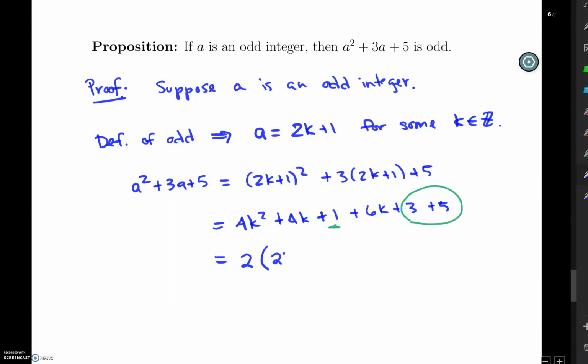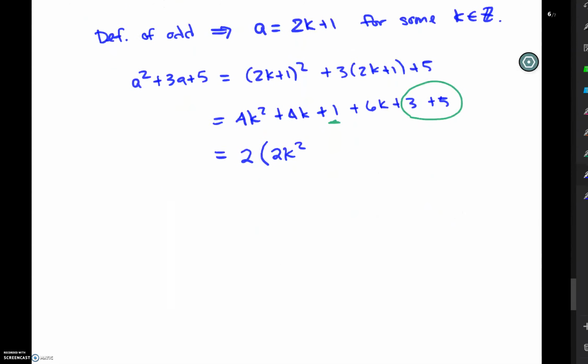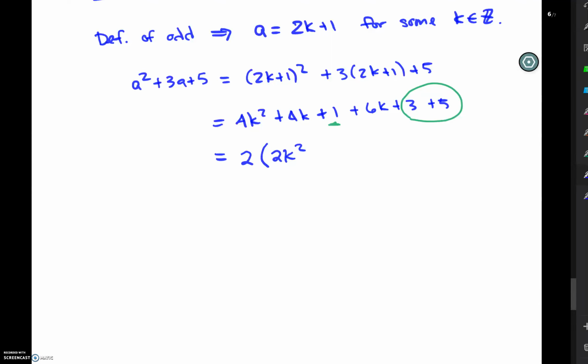2 times a 2k squared plus, well, 4 and 6 will give me 10k. Because I'm taking out a 2, we'll have a plus 5k. And then that 5 and 3 gives me an 8, but we'll write that as a plus 4.